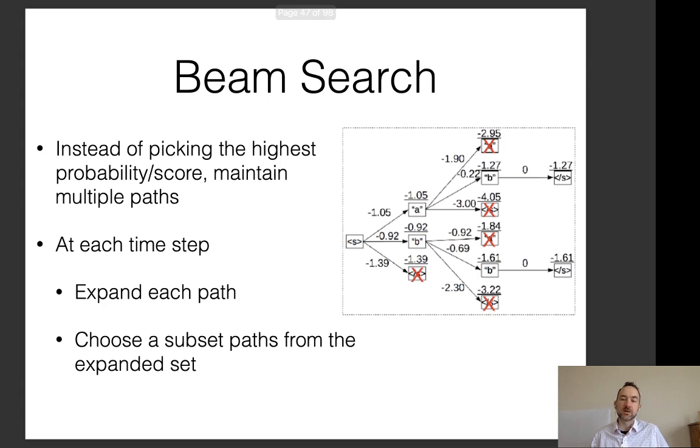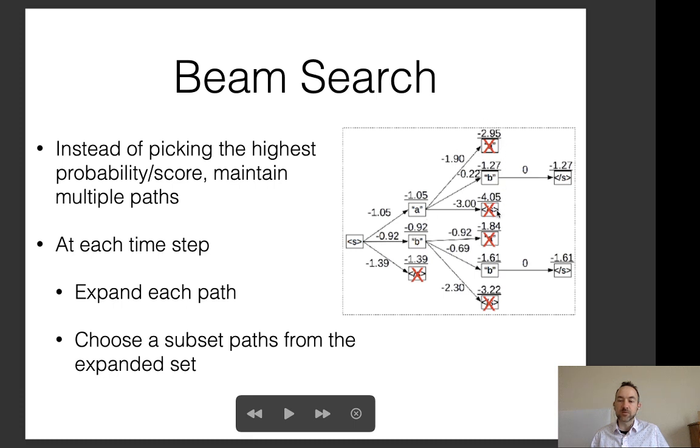So this is an example here with a vocabulary of A and B and end of sentence. So the first time, let's say our beam size is 2, we would expand A and B and end of sentence, and we see that A and B are the highest scoring ones.